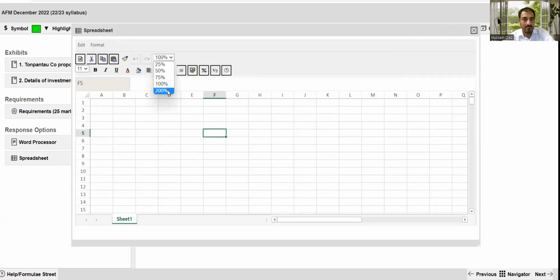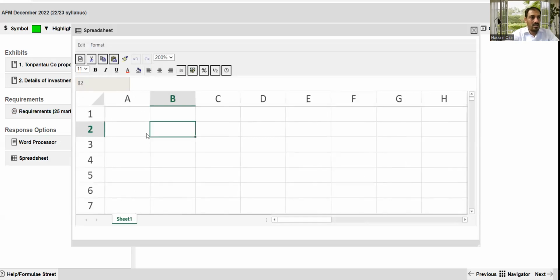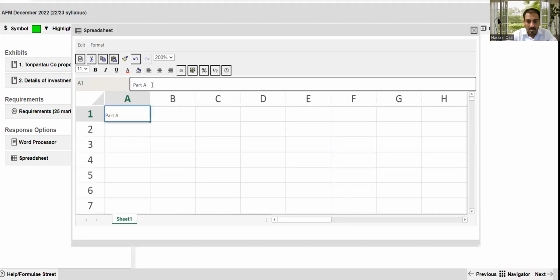Now this one. Okay, so the point is investment appraisal, part A, investment appraisal by NPV.